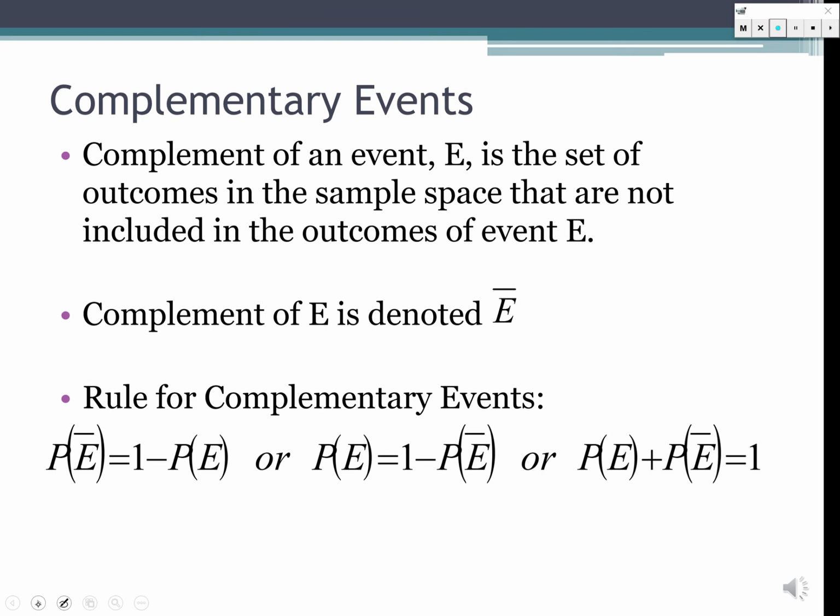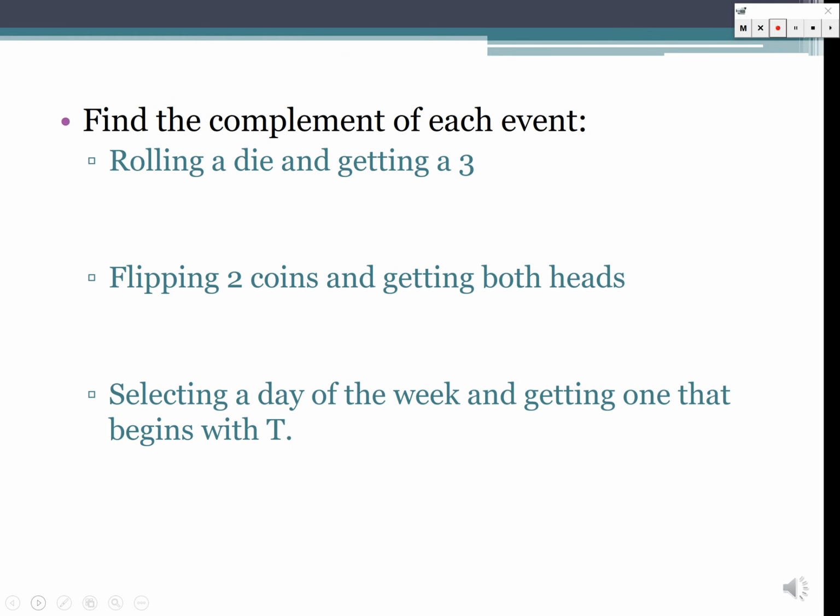So let's get a little more specific on what complements are and how to find their probabilities. Let's talk complement first. If my event is rolling a die and getting a 3, and I'm not talking probabilities yet, we'll do the probabilities, what would the complement be?